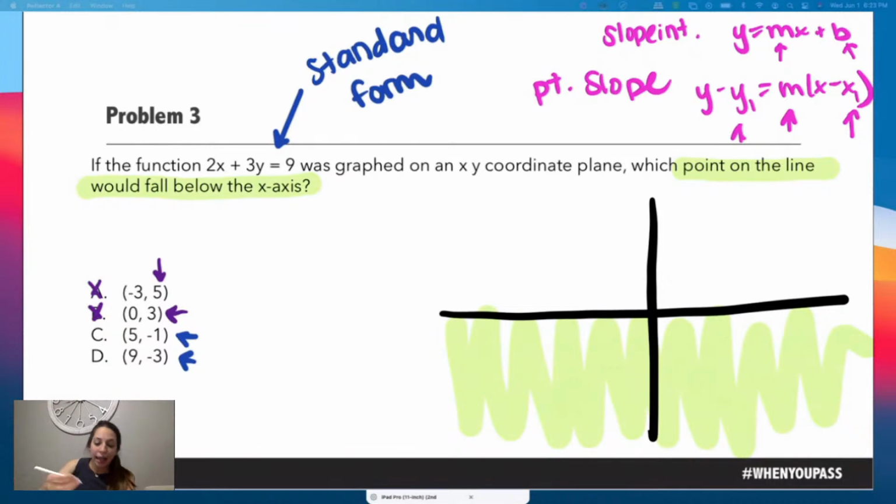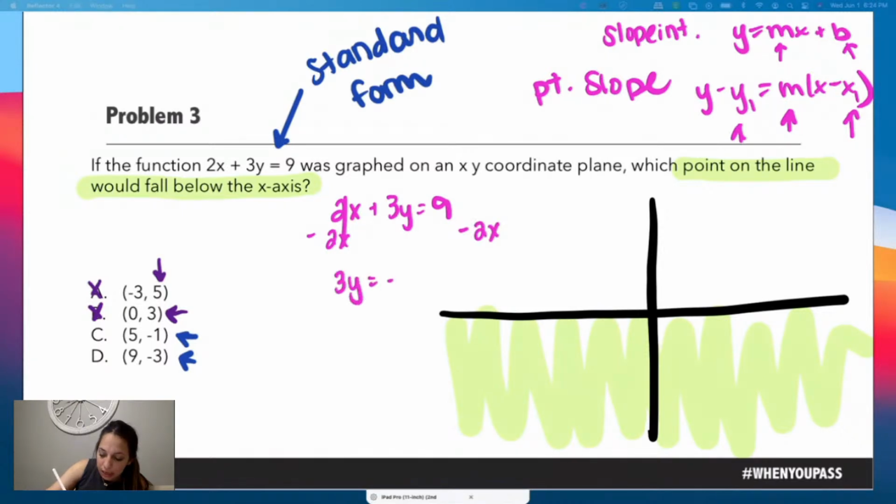So I can put this equation into that form. So 2x plus 3y equals 9. In order to get that into slope-intercept form, I'm going to get y by itself. I'm going to isolate that y. So I'm going to subtract 2x from both sides. And I have 3y equals -2x plus 9.